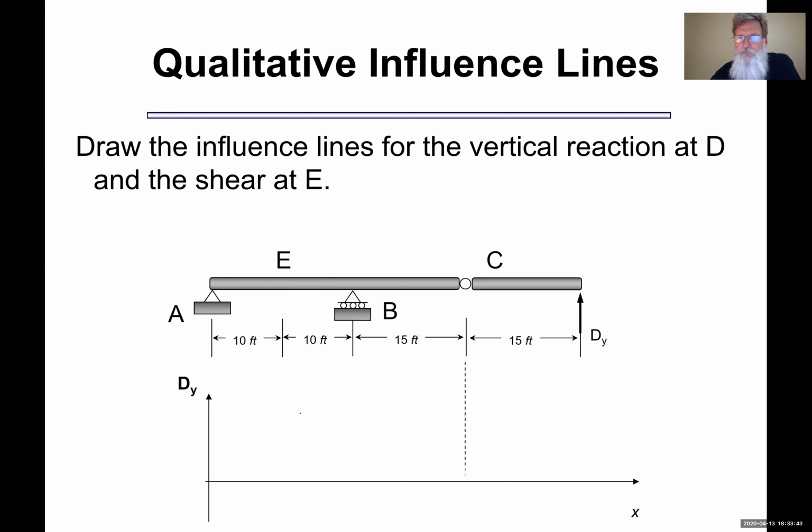Well, think about it for a second. I think you can see, assuming that it goes up, that point's going to move up. Everything else is attached, so it will hinge here. And my influence line will look pretty simple. It'll look like that. And of course, over Dy, the value of Dy is 1. And there's my influence line.